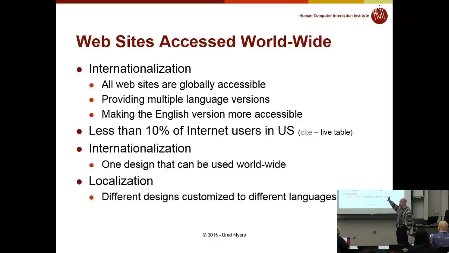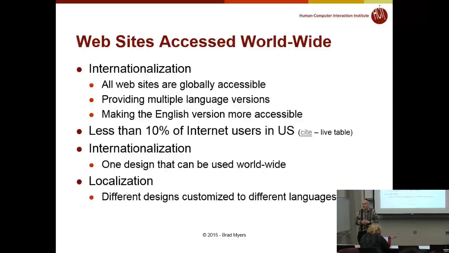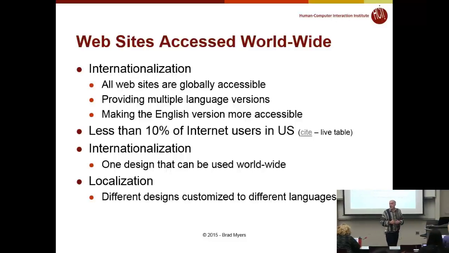So there's actually 2 terms that go with international user interfaces. Internationalization is kind of a more general term that means making your design compatible with different nations, with different languages and different cultures, as opposed to localization, which is the process of translating your interface into another foreign language.